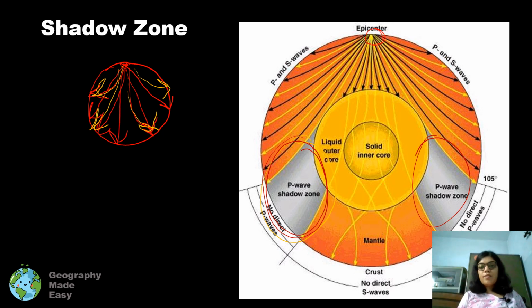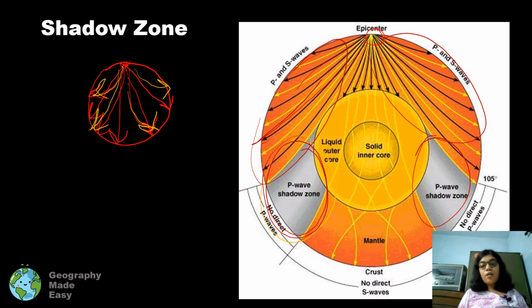What happens is the P waves all get refracted in this way from the earthquake's epicenter. Though they can travel through liquid and through solid, because they are getting refracted completely away, there is a part beyond the liquid core where the P waves are not able to enter. Similarly, in this shadow zone, we also do not see S waves, and this is because S waves cannot travel through liquid.